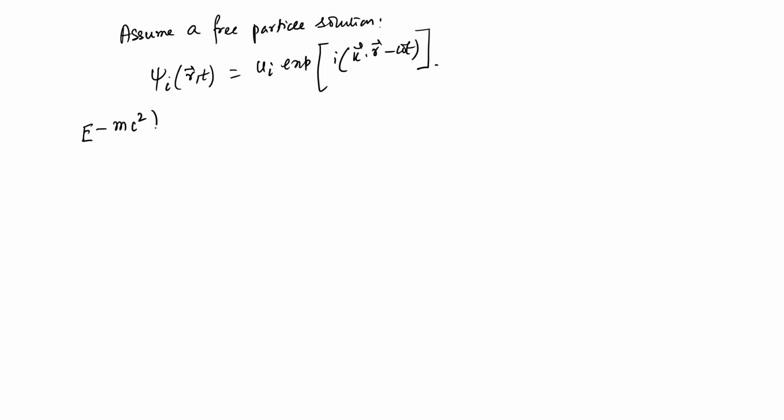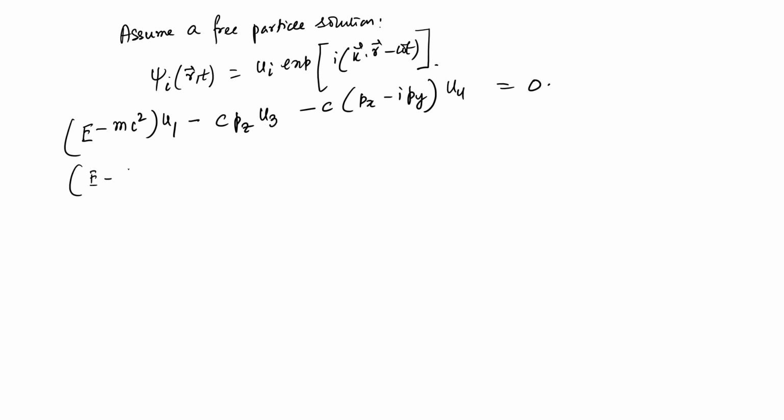So it is (E minus m c square) u1 minus c p_z u3 minus c (p_x minus i p_y) u4 equal to 0; there is no u2 here.